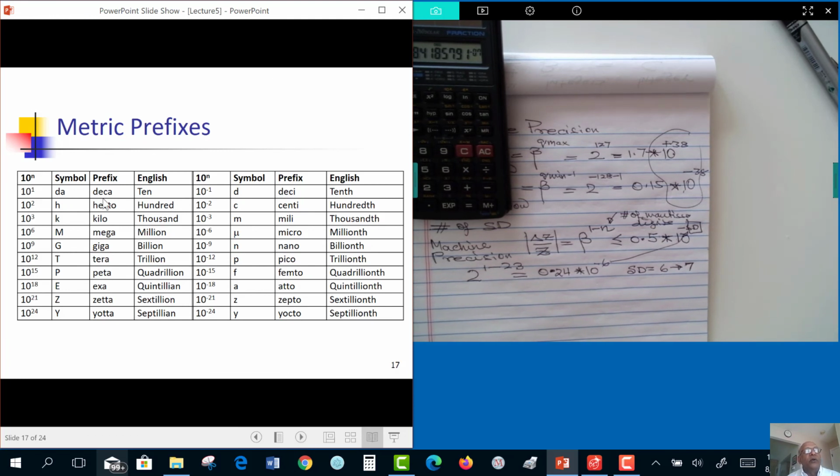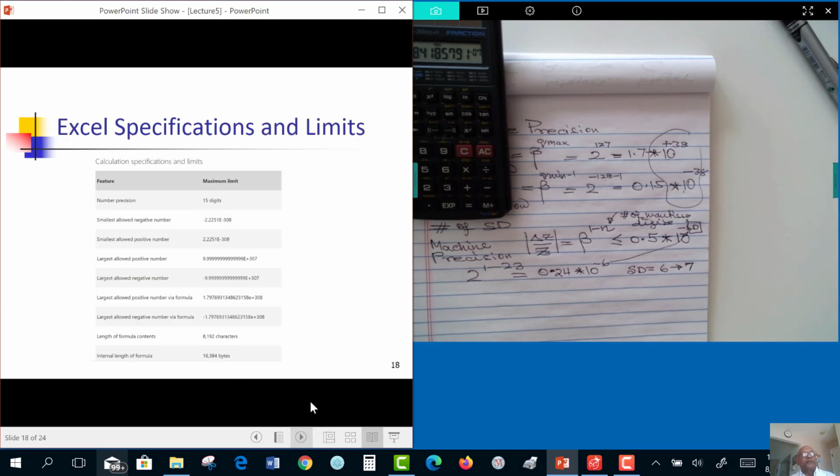Okay, I've just included this chart just for your knowledge because we have been using all these terms, micro, nano, pico, so you need to remember what they mean. Now, in terms of Excel, Excel works in double precision. So you will see it can give you 15 significant digits.